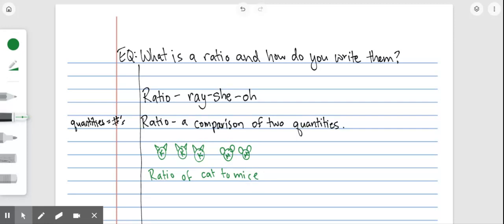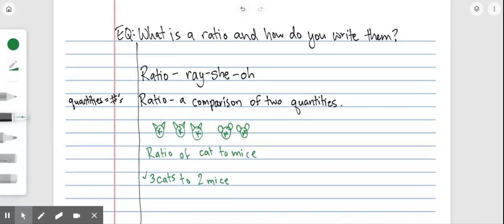Okay, so the ratio of cats to mice can be written three different ways. Way one, I can write there are 3 cats to 2 mice. All right, that's one way to write it. Another way to write it is 3 cats to 2 mice with a colon in between.